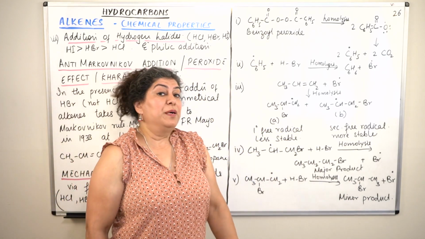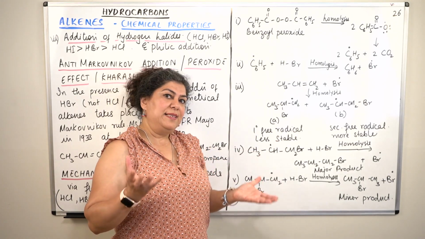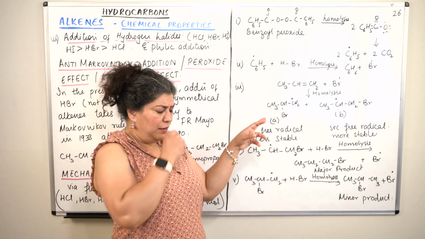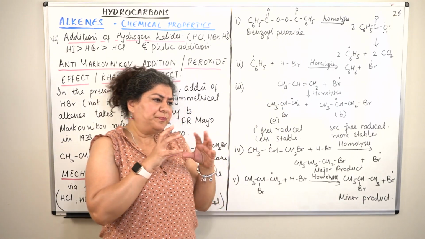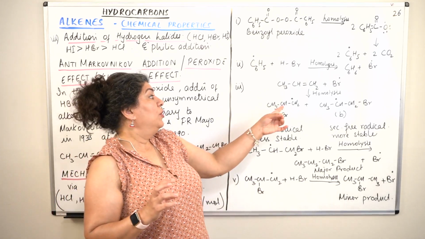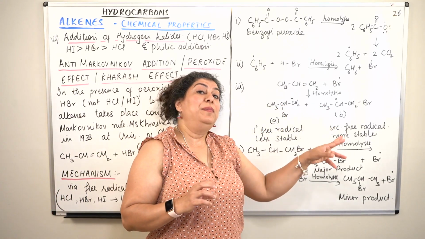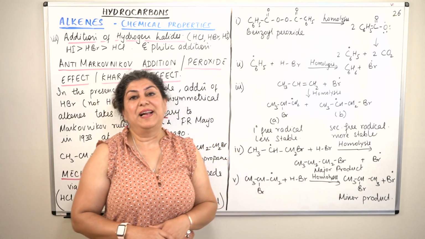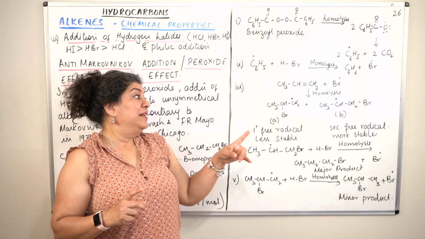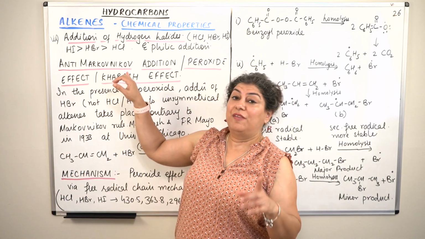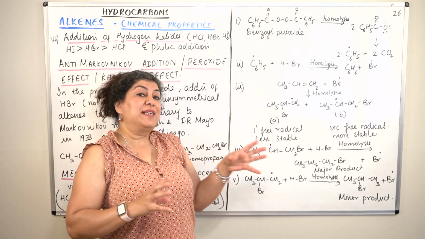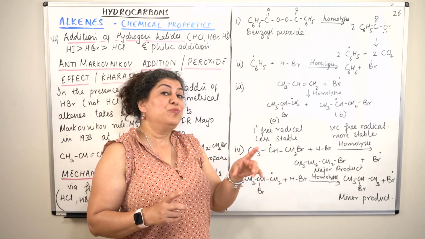Now, if you remember, I told you that the more balanced a structure is, the more stable it is. So a free radical or any reaction center which is on the end would not be very stable. So a secondary free radical will be more stable than a primary free radical. And you know, when we did the Markovnikov addition, there was the formation of a carbocation, and we spoke that a secondary carbocation is more stable.